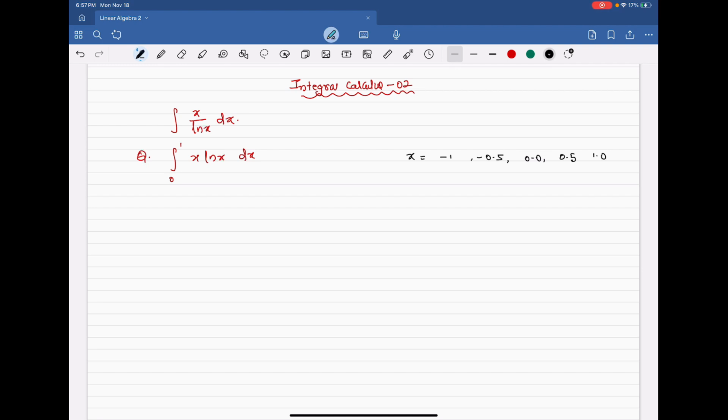What we have to worry about is 0 to 1. Even though we plan to go from minus 1 to plus 1, our more interest will be from 0 to 1.